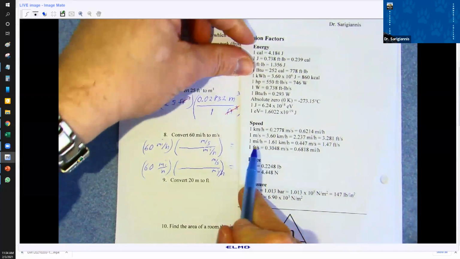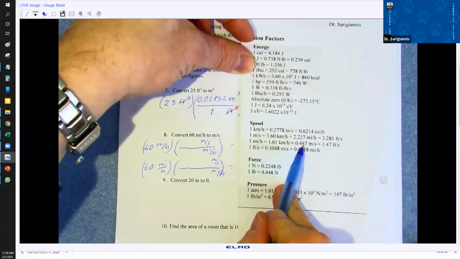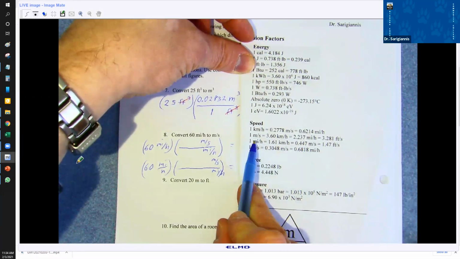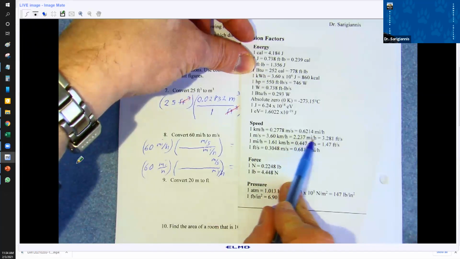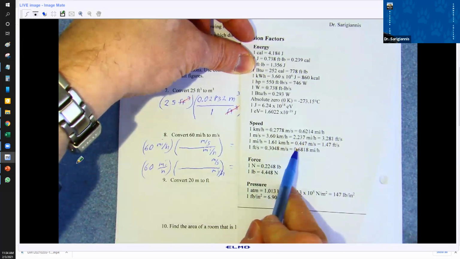I could find two different conversion factors here. 1 mile per hour is 0.447 meters per second, or 1 meter per second is 2.237 miles per hour. So that's why I want to do this both ways, so you can see the difference.